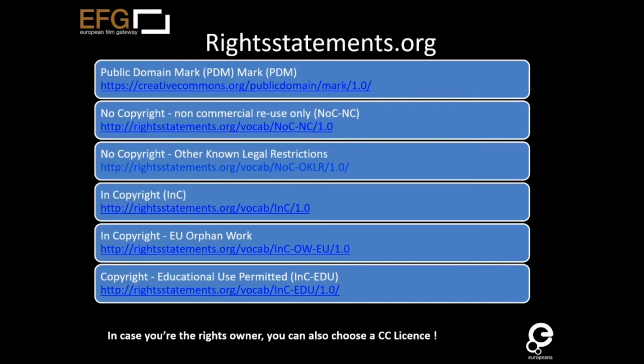In copyright, educational use permitted. For example, you haven't really cleared the rights for, let's say, a collection of newsreels from the 1910s. It's likely to be public domain, but you're not 100% sure. Since it's about the First World War and teachers want to include these films, for example, in their curricula, you might want to give permission.